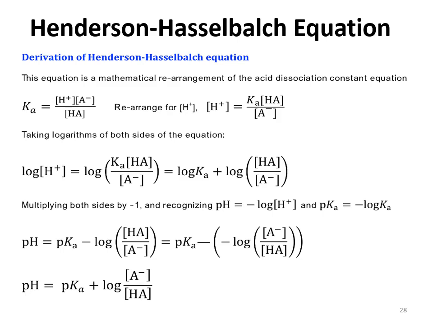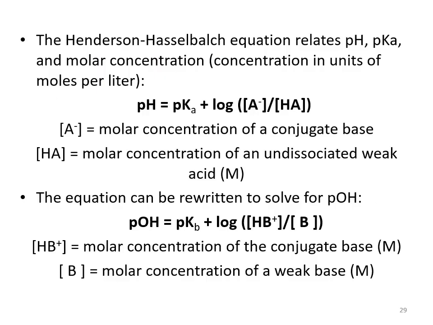The other equation will also be rearranged and at the end we have pH is equal to pKa plus log of the concentration of conjugate base over, in the denominator, the undissociated acid.